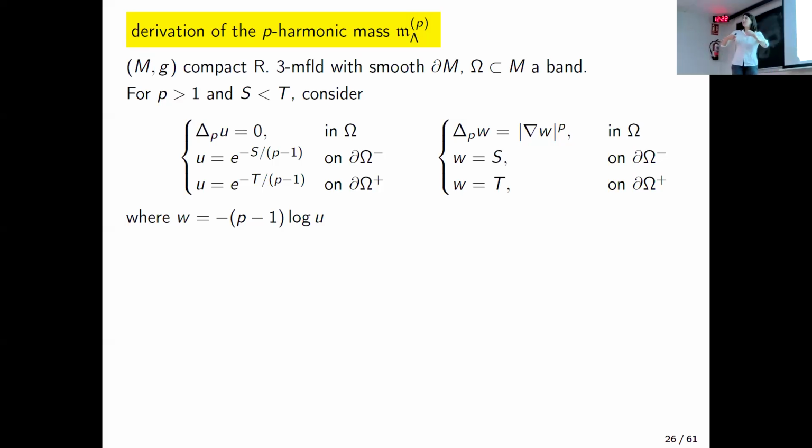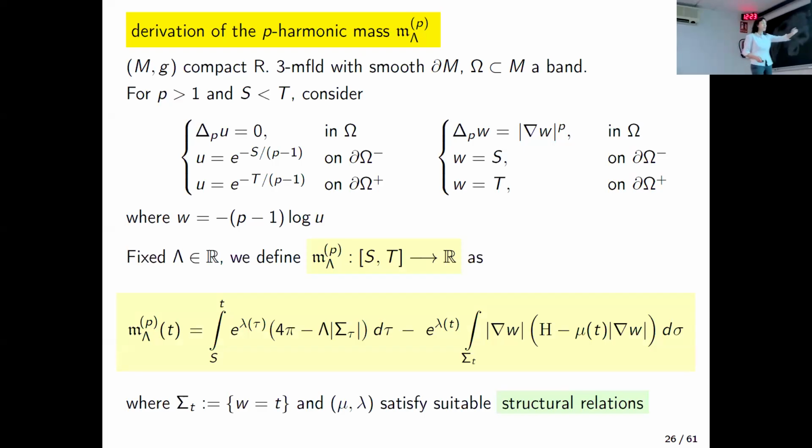Okay, but let's develop the monotone quantity in a general setting like this. So you have your manifold, and you take a domain inside with two boundary components, and you solve these problems. So U is P harmonic in omega with a suitable Dirichlet value, and the corresponding problem satisfied by W is this, okay.